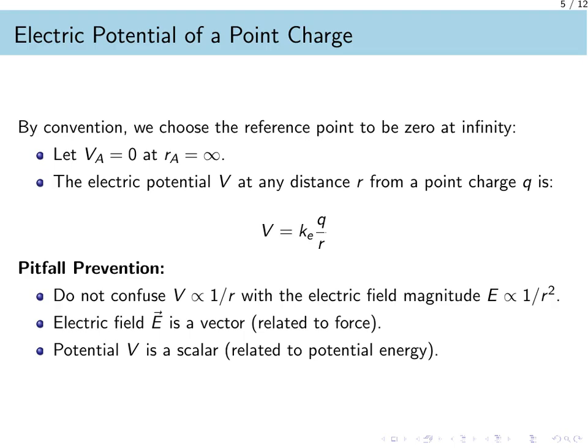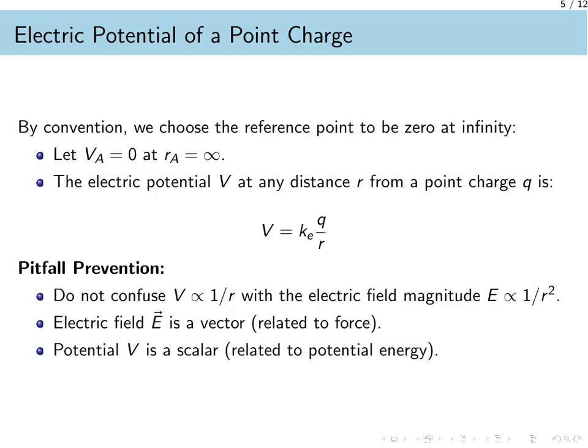By convention, we choose our reference point for zero electric potential to be at an infinite distance away. With this assumption, the electric potential, V, at any distance r from a point charge q is simply equal to the Coulomb constant k sub e times the charge q divided by the distance r.